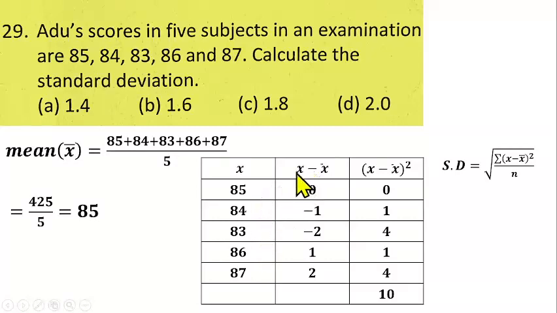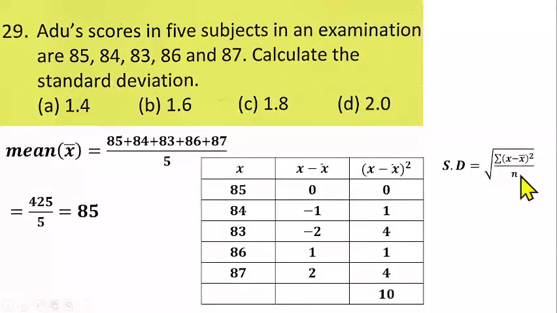The first x here, which is 85 minus 85, which is x bar, gives us 0. 84 minus 85 is minus 1, 83 minus 85 is minus 2, 86 minus 85 is 1, 87 minus 85 gives us 2.